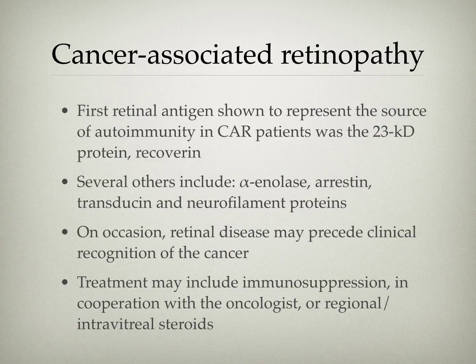But what you need to know about CAR: recoverin was one of the first proteins or antigens to be associated with it. Others are alpha enolase, arrestin, transducin, neurofilament. You at some point need to memorize this list before you take OCAPs because these do occasionally come up. On occasion, retinal disease may precede clinical recognition of the cancer.